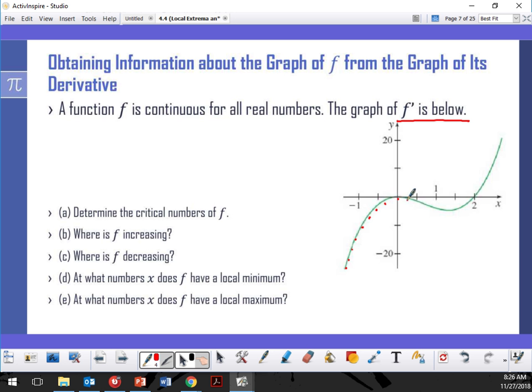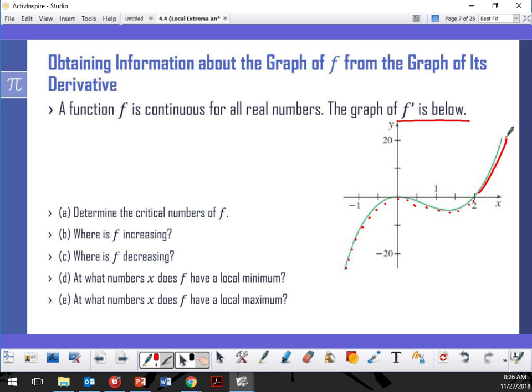Over here, guess what? This is negative too. And right here, the slope on this side is going to be positive. Those are positive slopes at those points. So because they're below the x-axis, those are negative? Yeah. And the ones above it will be positive? Yeah, because we're just talking about the derivative graph. Makes more sense? Okay, good.